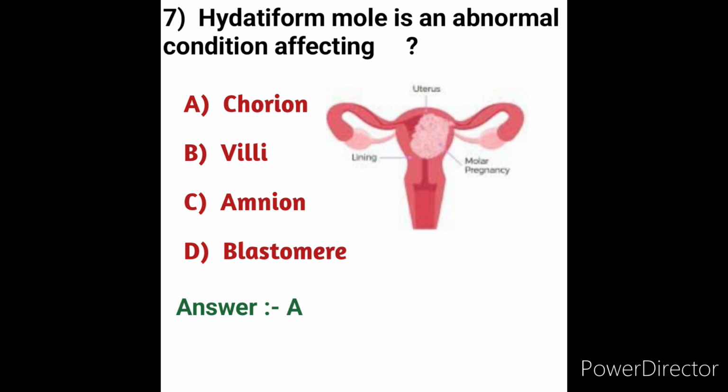We can see in this picture the molar pregnancy, the abnormal growth of the trophoblast. Okay friends, hydatidiform mole is an abnormal condition affecting the chorion. Option A is the correct answer here.